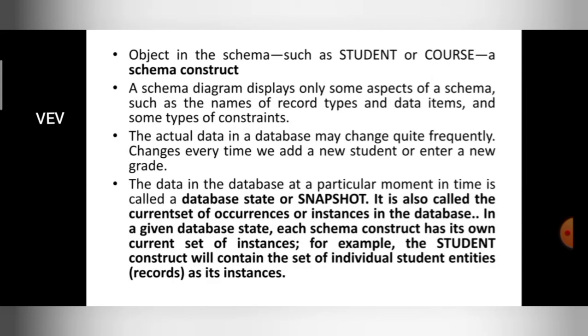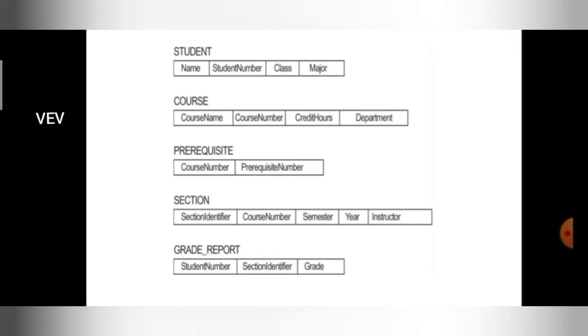And one more important thing: the actual data in the database may change quite frequently, but not the schema. What is the meaning of it? I can enter 20 student names, and those names can change, but the field names, student number, class, major, won't change.